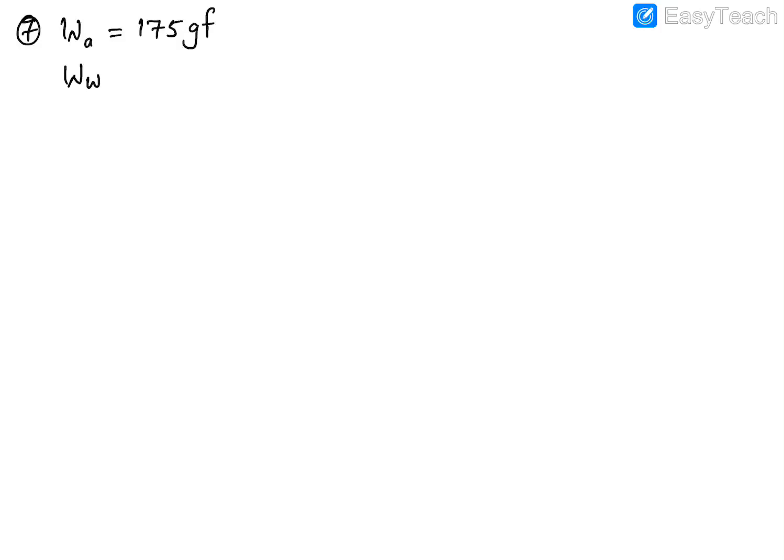So weight in water is equal to 150 GF. The density of water is 1 gram per centimeter cube. I need to write rho, sorry. So density of liquid is equal to 1 gram per centimeter cube.